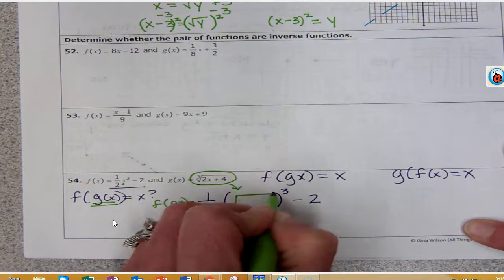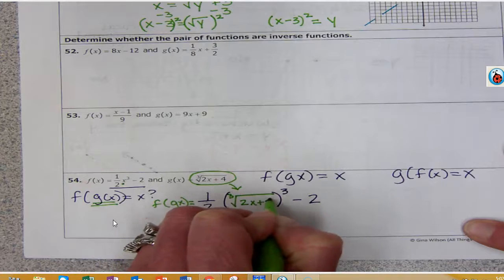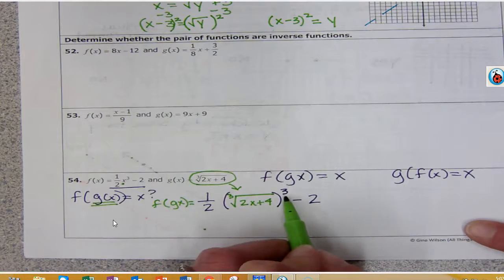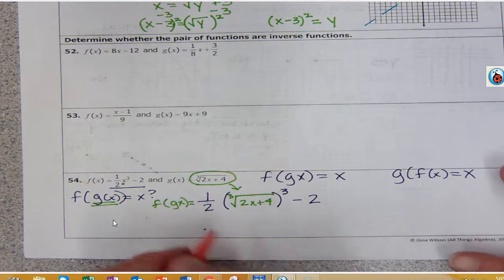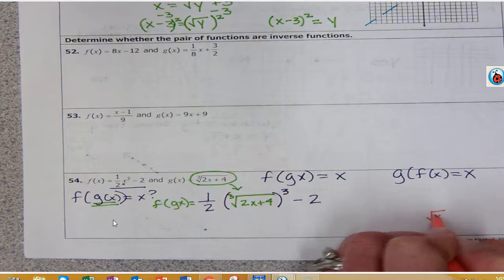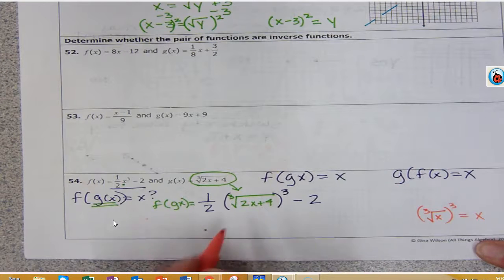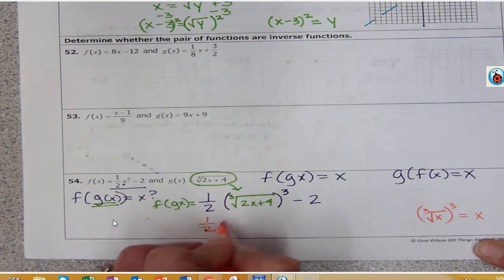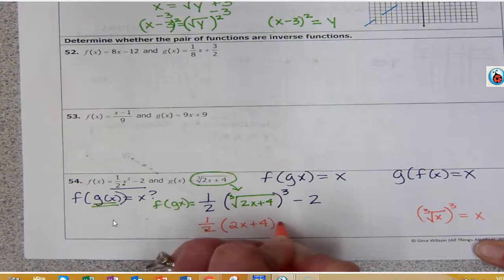So, the cube root of 2x plus 4. Now, when I take the cube root and take it to the third power, that's basically going to go away. Just like you know that the cube root of x cubed would equal x. So when I take this whole thing to the third power, I'm left with 1/2 times 2x plus 4 minus 2.